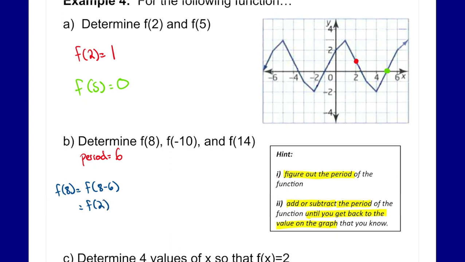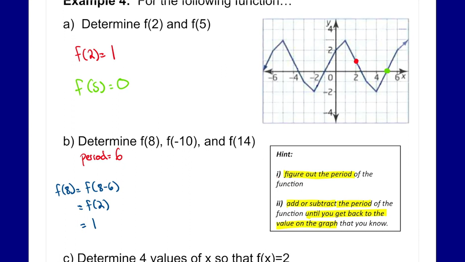Because the value of this function when x is 8 is going to be the same as when x is 2, because it's 1 period apart. So that's when we start to repeat. And f at 2, I can clearly see from my graph, is 1.